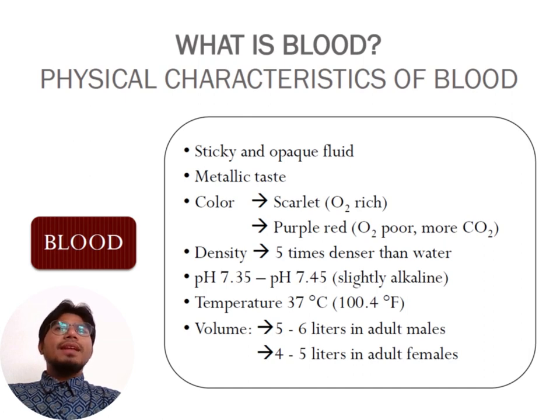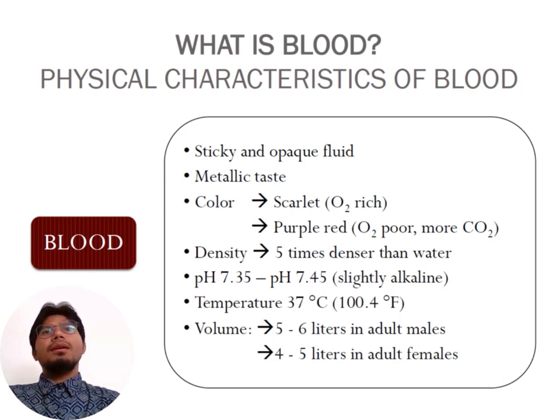In terms of density, blood is 5 times denser than water. So if you mix blood and water, they won't mix, and since blood is denser, blood will be at the bottom.